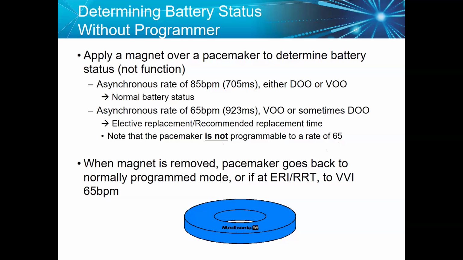In Medtronic, it gives asynchronous pacing, either DOO or VOO, at a rate of 85 beats per minute when the battery status is normal, and at 65 when the battery is at ERI, recommended replacement time. Every company has its own magnet rate.